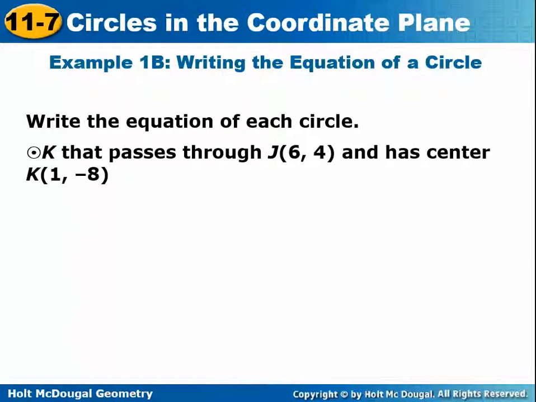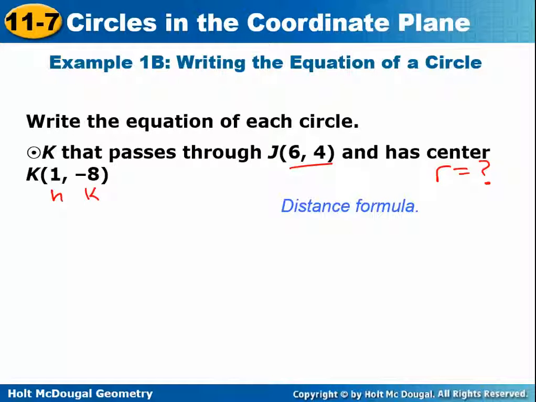Now they can get a little bit trickier. This one doesn't tell you what the radius is. It tells you that it passes through this point, and it has this for a center. So you need to find the radius before you can go any farther. In order to find the radius, you can use the distance formula.